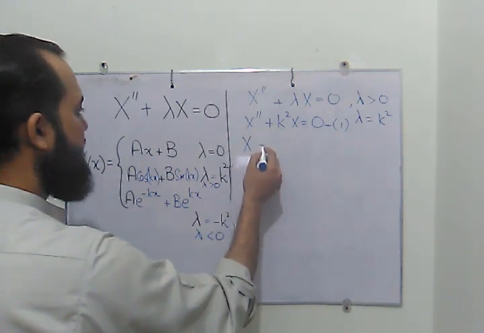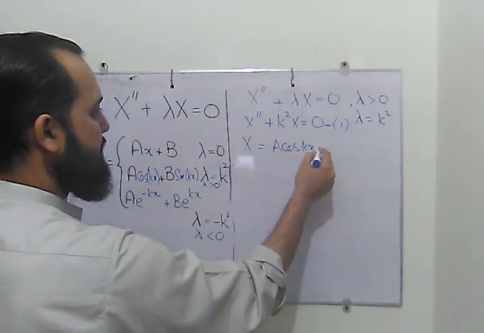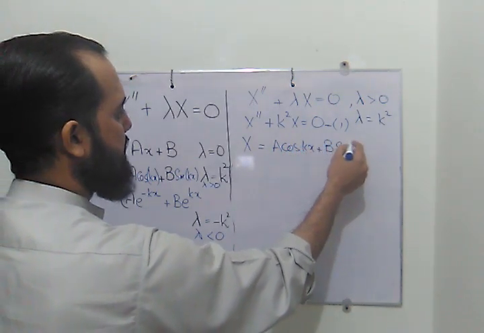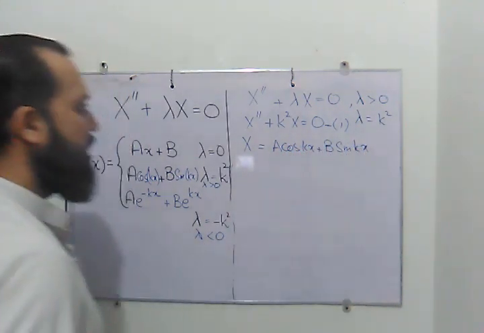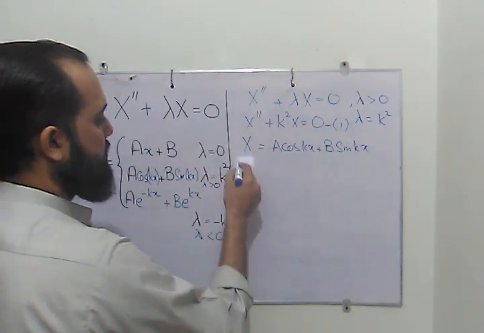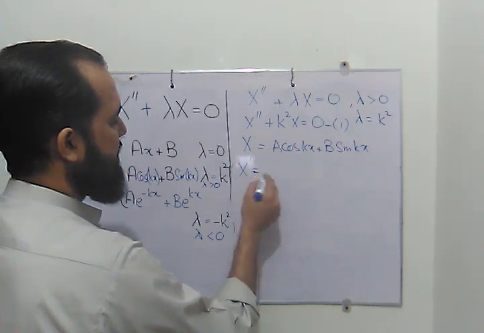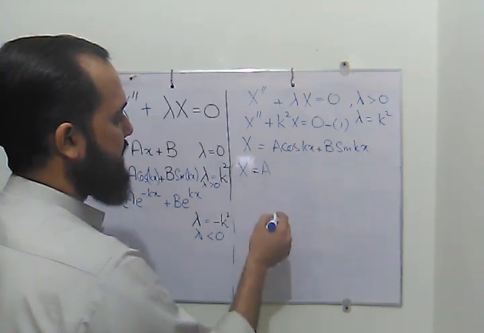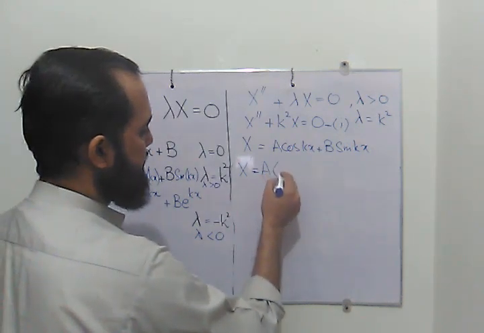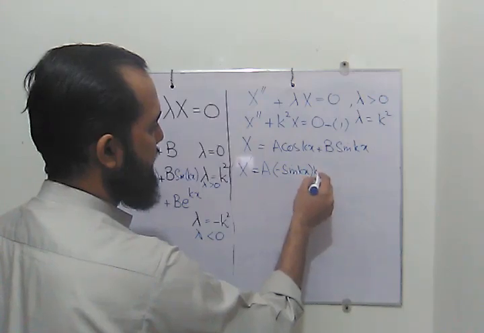We write the solution as a cos kx plus b sine kx. Now we have to differentiate it twice to put the value here. So when we differentiate first, the derivative would be: a is constant, taken outside of the derivative, cos has derivative minus sine kx, and then we have k here.